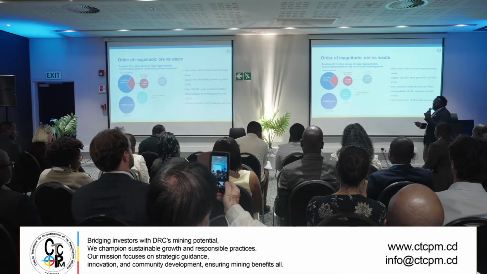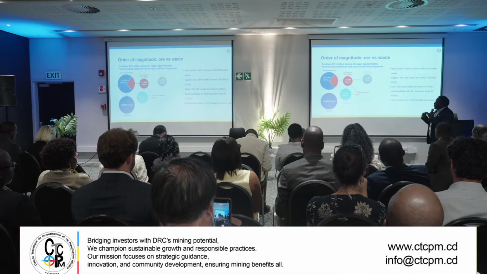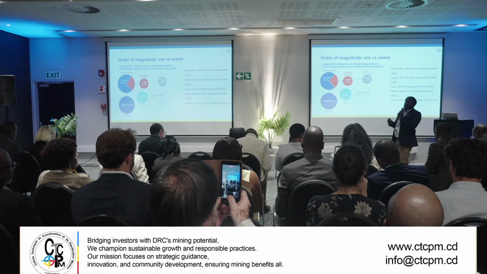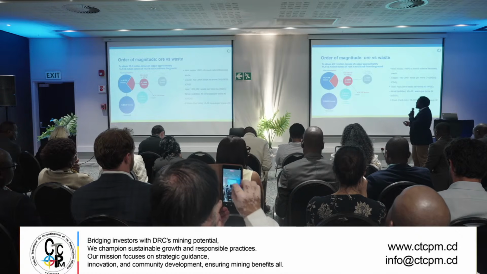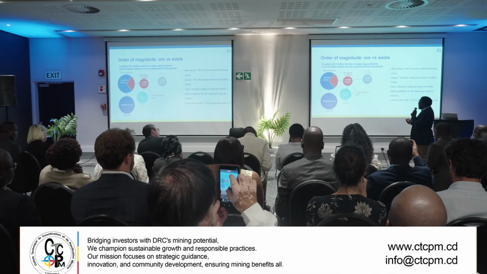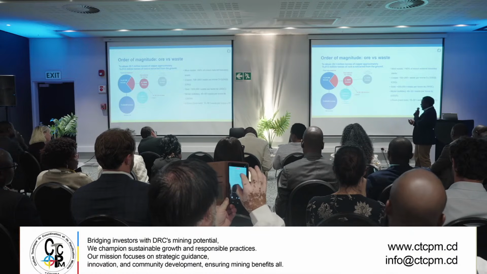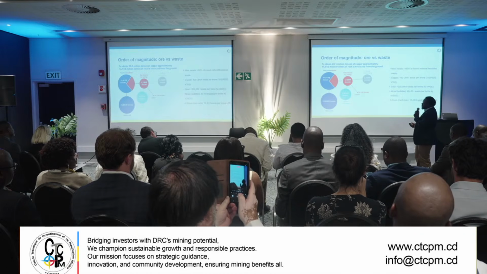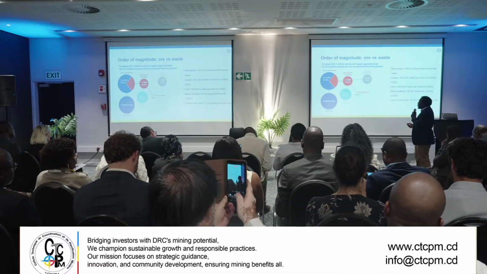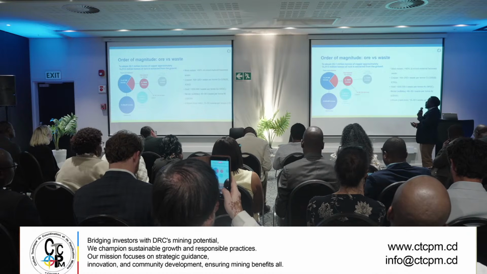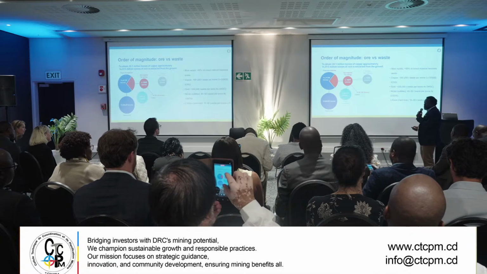To give an order of magnitude of how much waste is generated in the specific case of copper, for example, today the global output of copper is around 27 million tons of copper per year, all put together. So if we had a global output of 20 million tons of copper, that would mean, on average, at a grade of 0.5% copper, 14 million tons, close to 15 million tons, will end up in the waste rock dump.